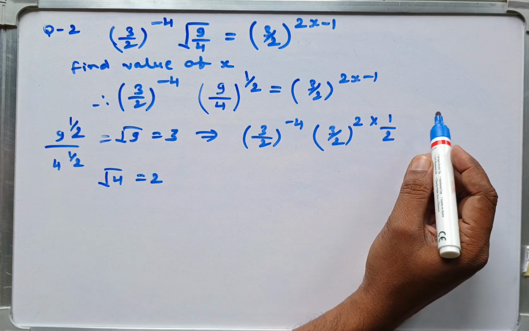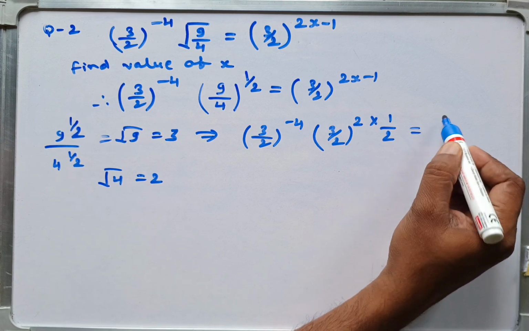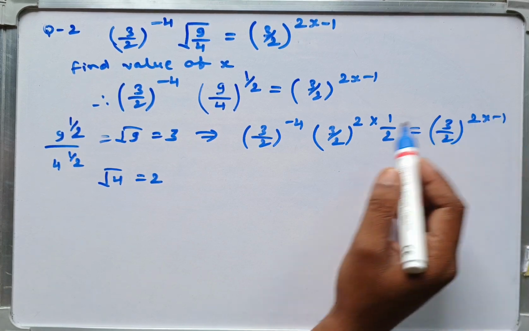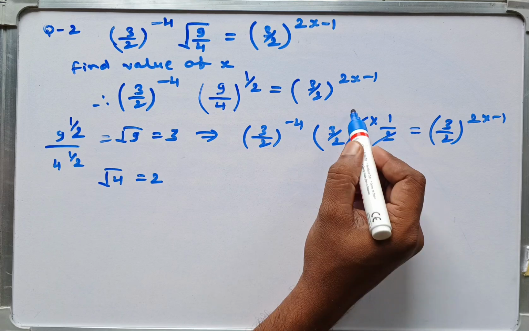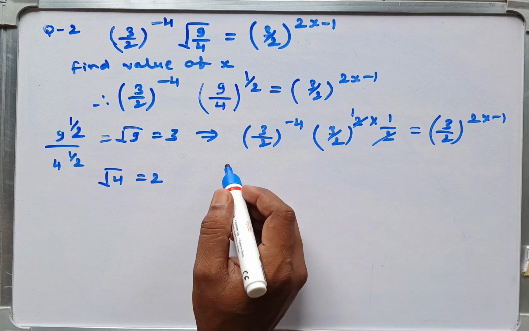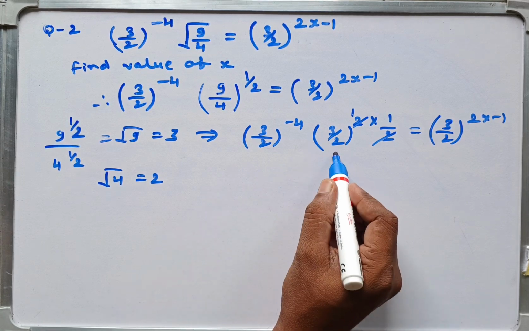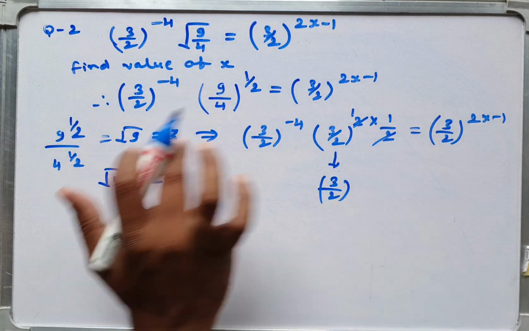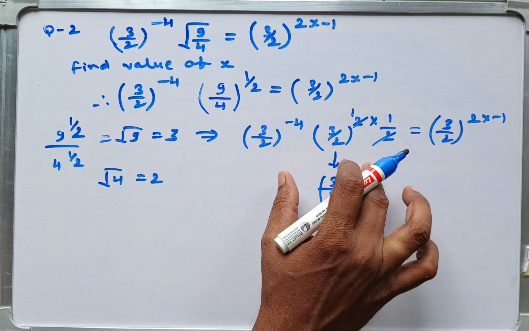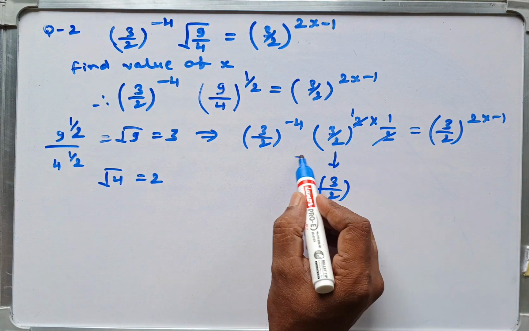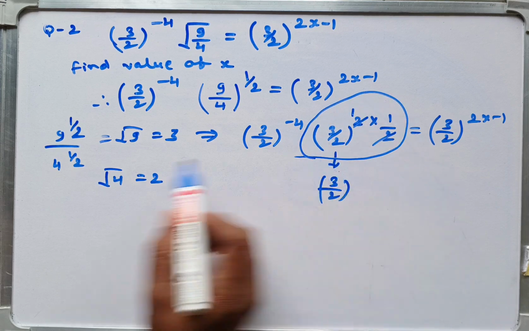Further, you can equate this. This 2 cancels, so finally the power is 1. So finally what you see here, this term is coming 3 by 2. So this rule is verified.